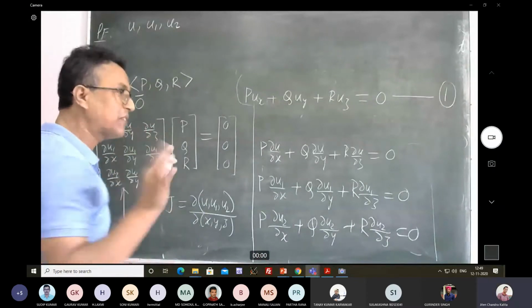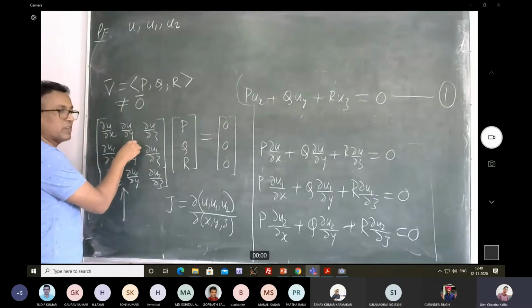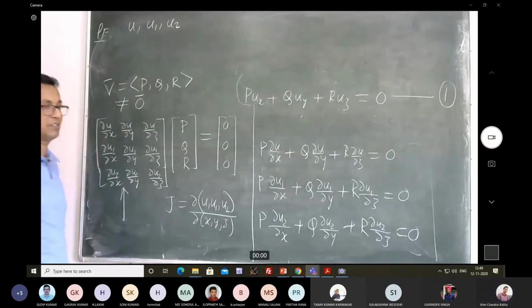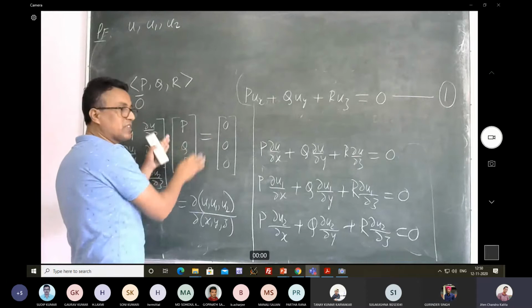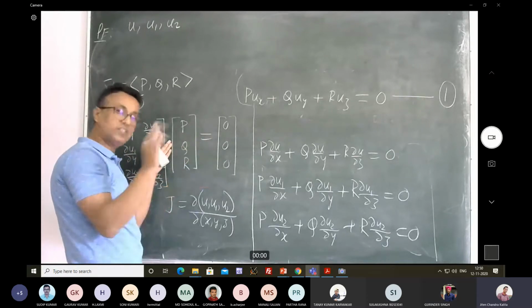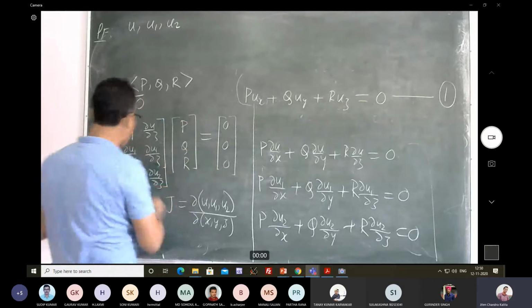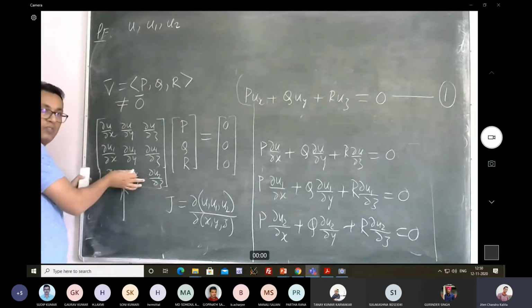So that means the determinant of this matrix is 0. Zero, right? Because if this matrix had a unique solution, that would be only the zero solution, because zero is already a trivial solution. Then I would have the determinant of this matrix non-zero, a non-singular matrix.